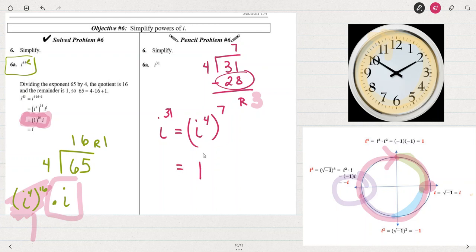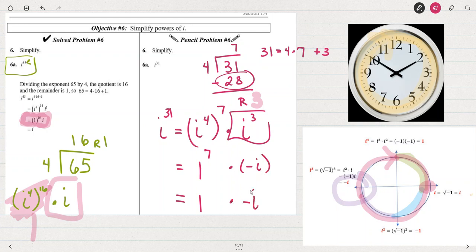It's just a 1 to the 7th power, which is just a 1, right? And then I'd have 3 left over, because 31 is equal to 4 times 7 plus 3 left over. i cubed is the negative i.